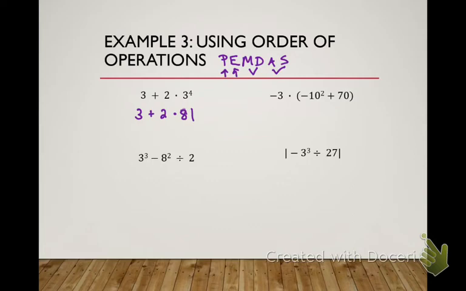Yes. 2 times 81. Do y'all know the easy mental math way to do 2 times 81? 162. 2 times 8 is what? 16. And 2 times 1 is 2. So 162. 3 plus 162, 165.